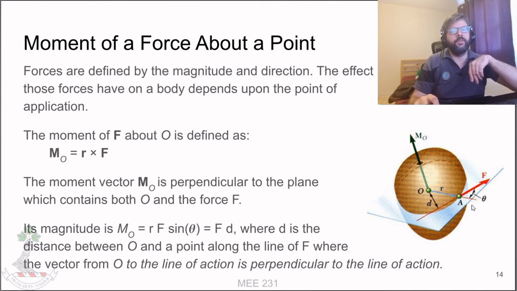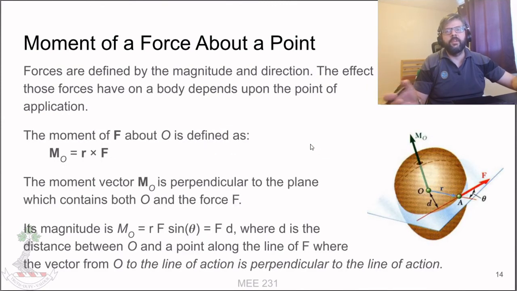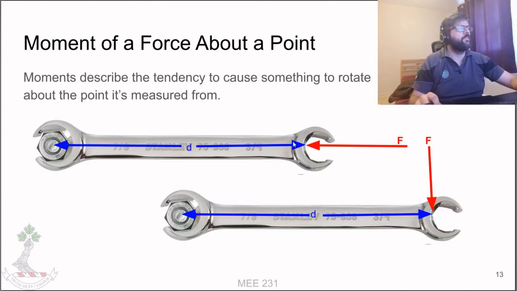So again, if those two things are parallel, like we saw with this top thing here, then sine of theta is equal to 0, so there's no moment. There's going to be no tendency for this wrench to want to rotate. Whereas in this instance, we've got a 90-degree angle here, so the sine of the 90-degree angle is 1, so that is going to be at its maximum.